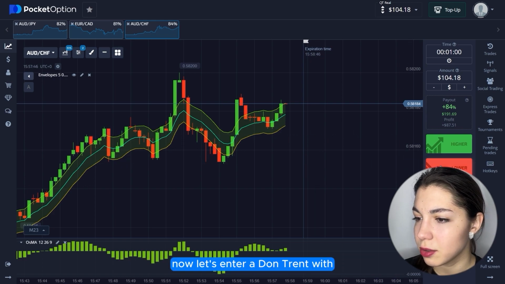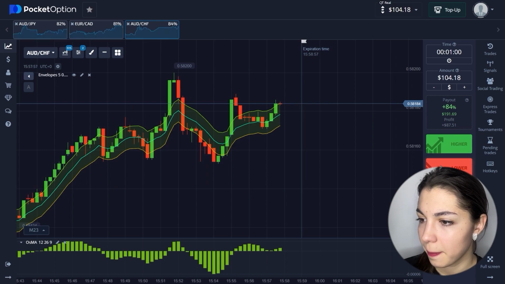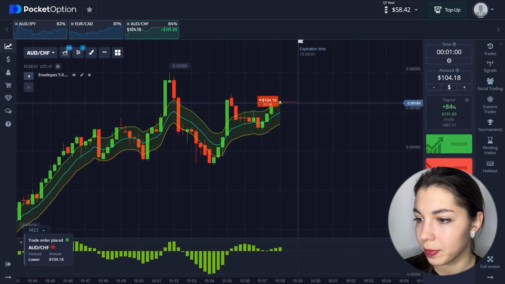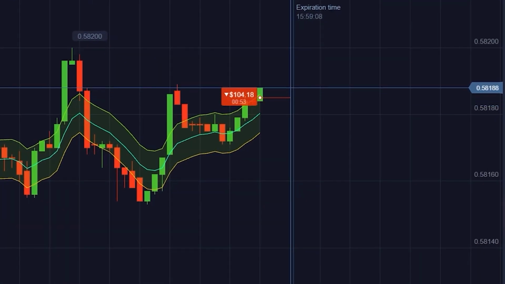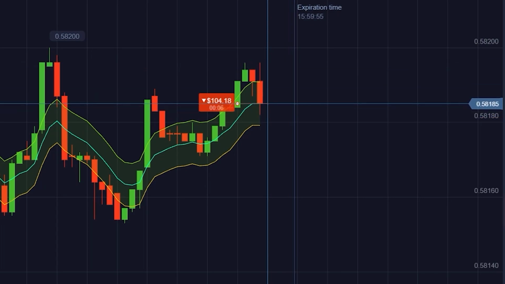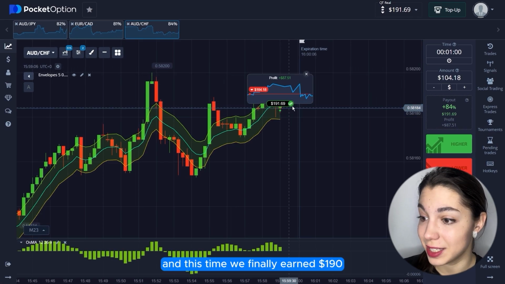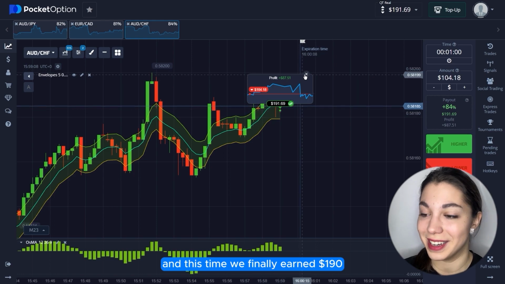Now let's enter a downtrend with the appearance of the next candle. Going down. Yes, the price went down, and this time we finally earned $190.